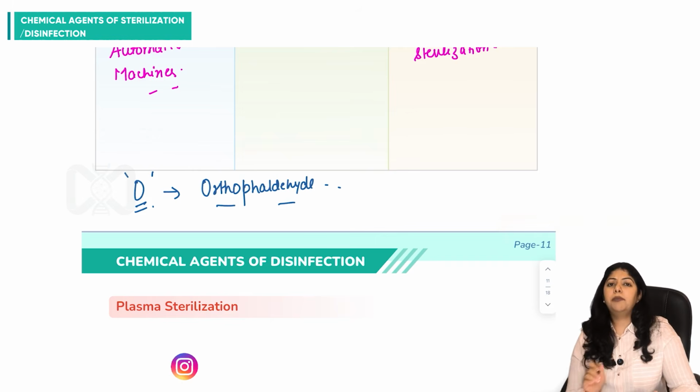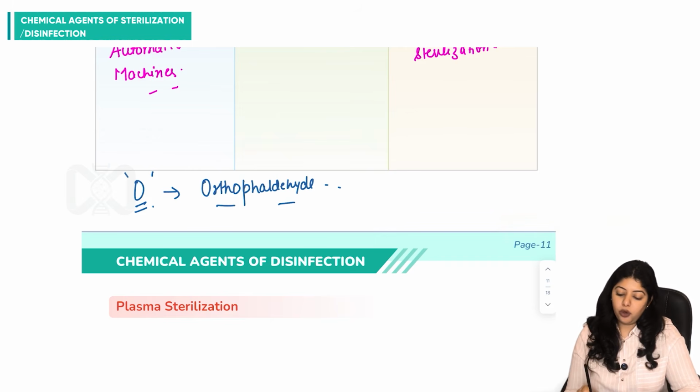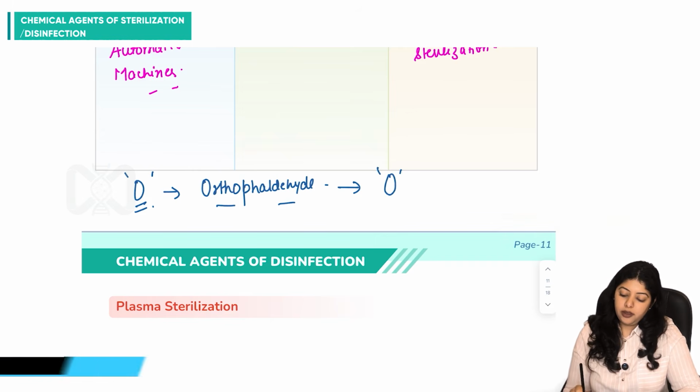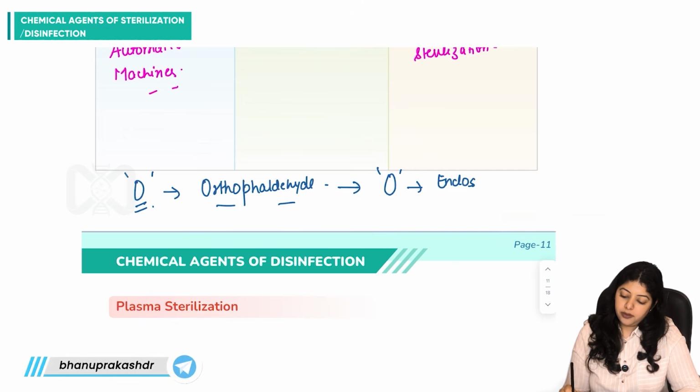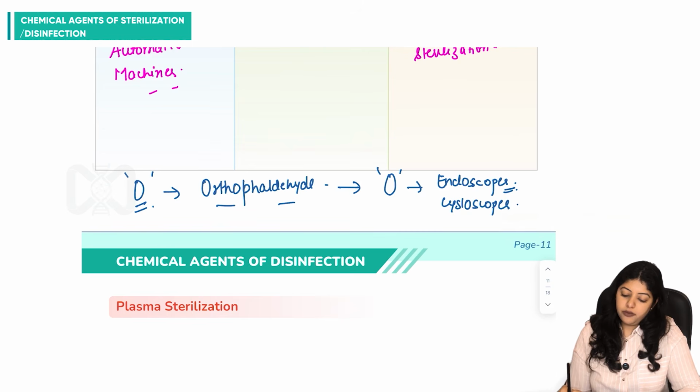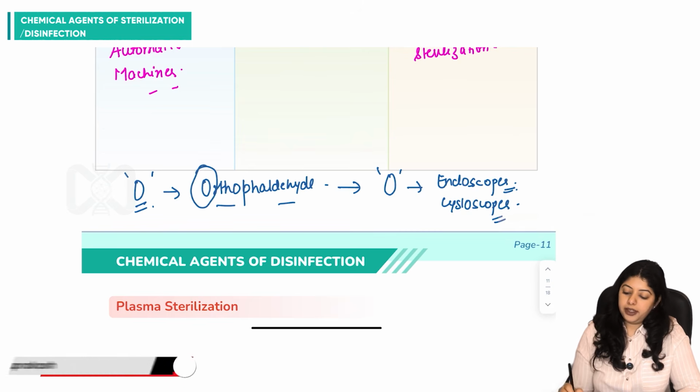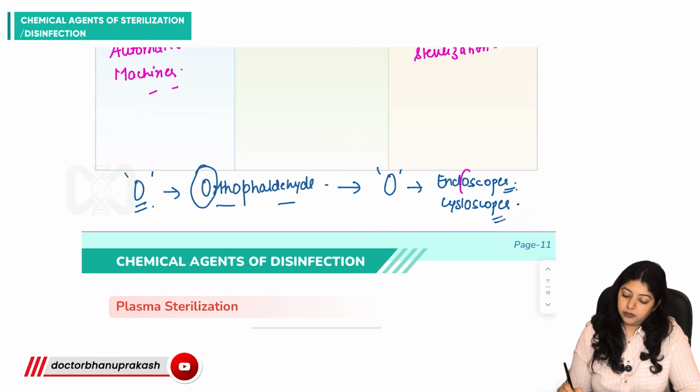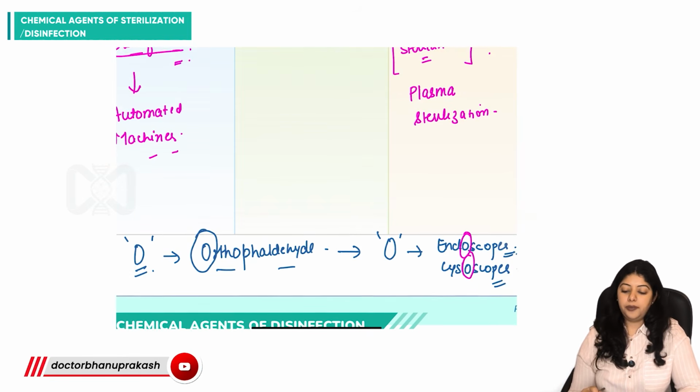And majorly when we talk about scopes, like endoscopes, cystoscopes, etc., we will talk about orthophthaldehyde, right?